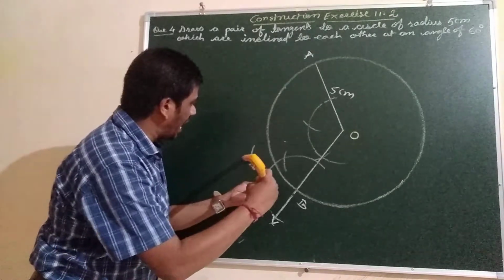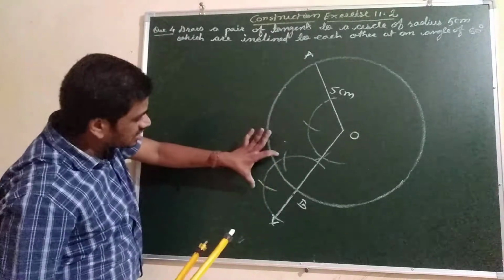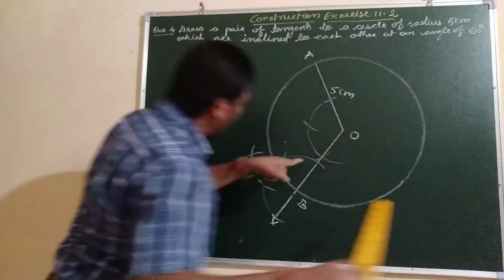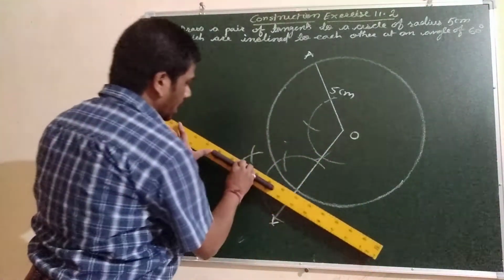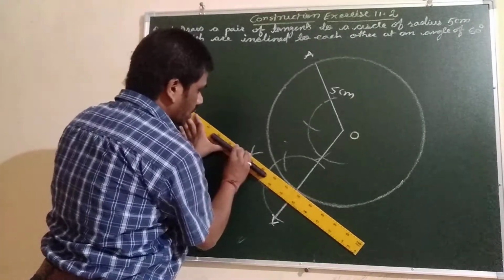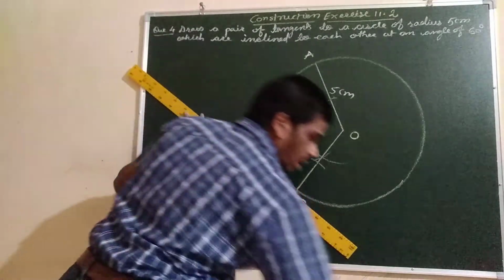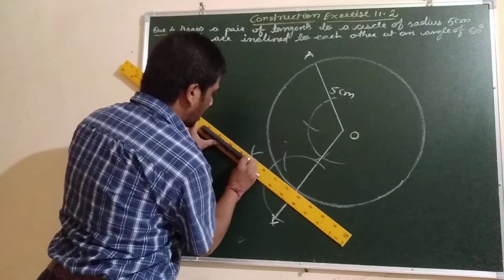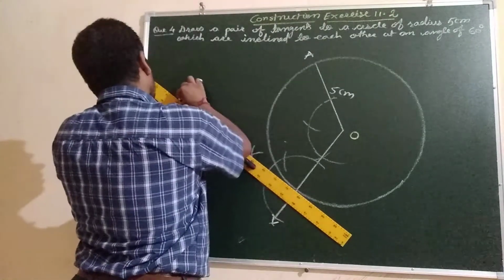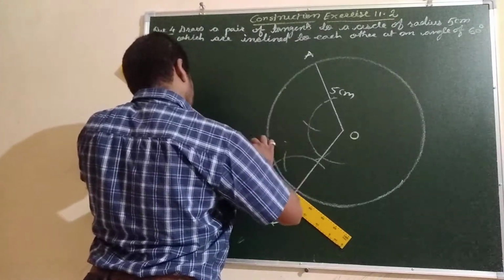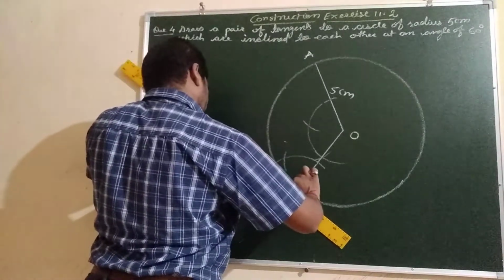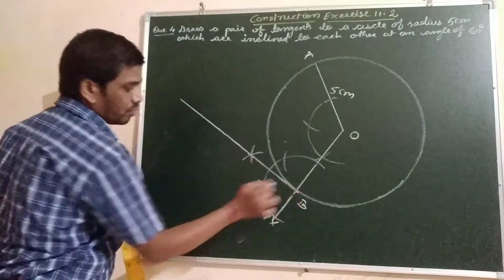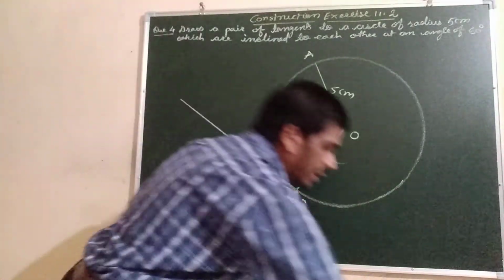We are bisecting this angle. This is 60 degree, so we got 30 degree, and 60 plus 30 will be 90 degree. We will draw the line from B which passes through the point of intersection. Okay, B is the point of contact.